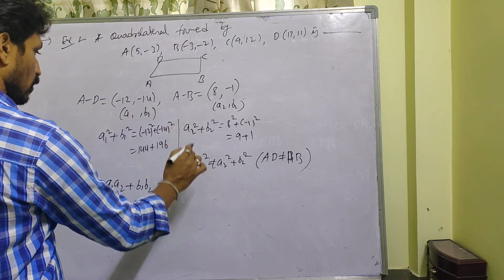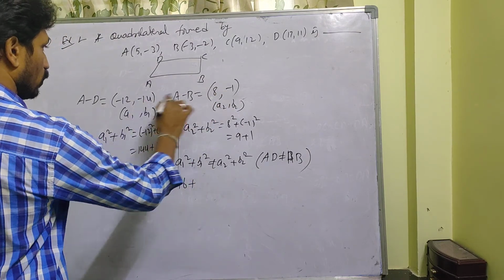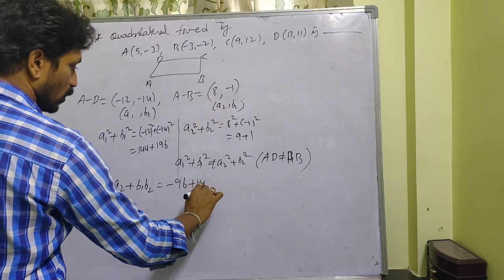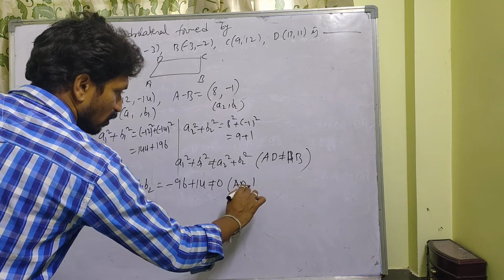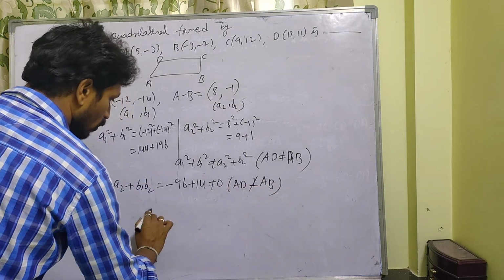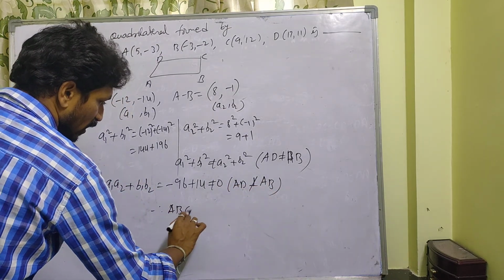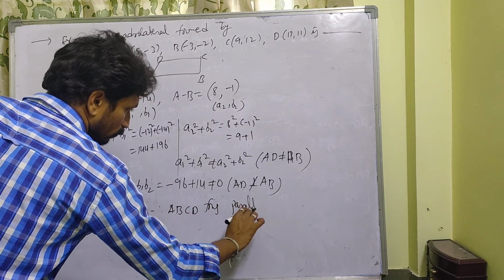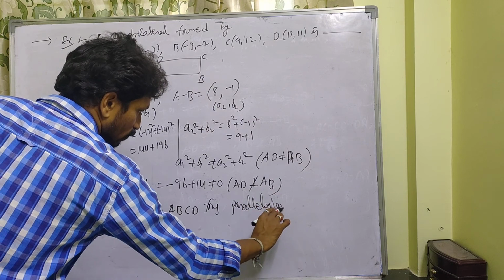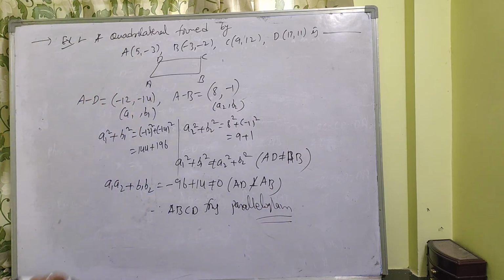Next, plus 14, minus 14 into minus 1 is plus 14. This is not equal to 0 anyhow. So what can you say? AD is not perpendicular to AB. So what is the conclusion? ABCD forms a parallelogram. That is your answer. Is it clear?